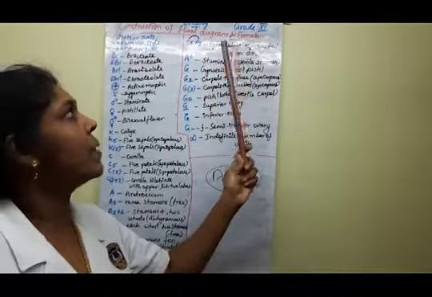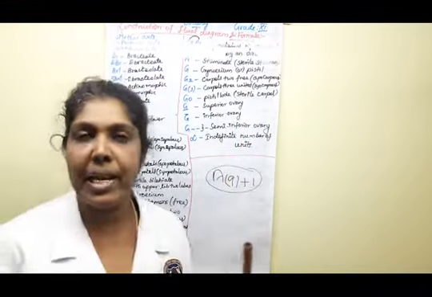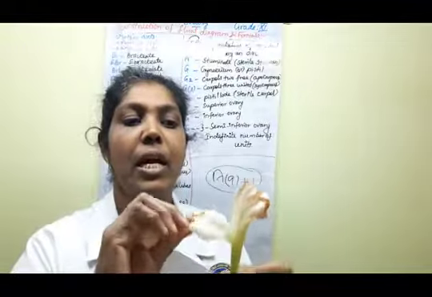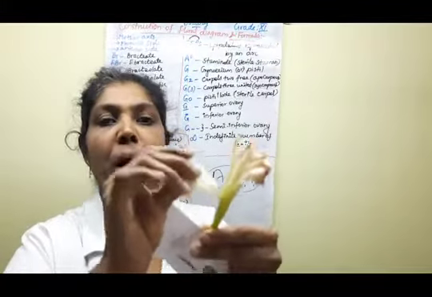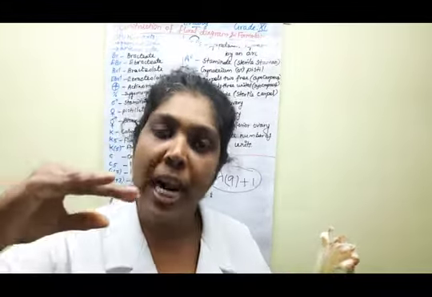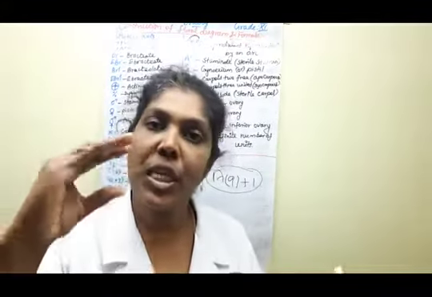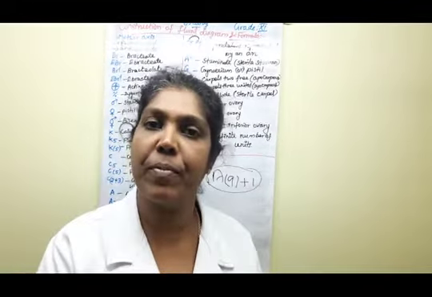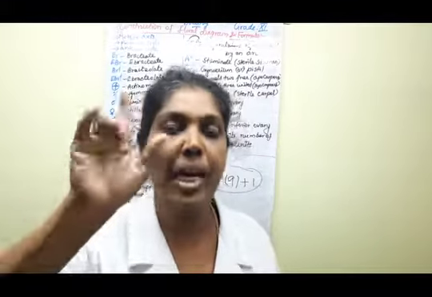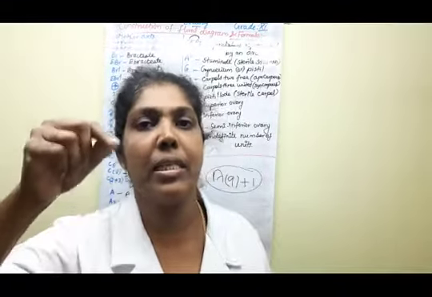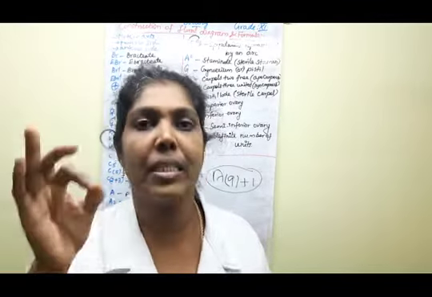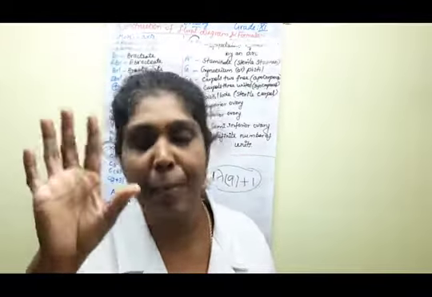epipetalous stamens and their representation. As I already said, in some flowers the stamens attach to the petals part, whether it is the petal region. In some species the stamens attach to the petals, and in some cases the stamens attach to the sepals.